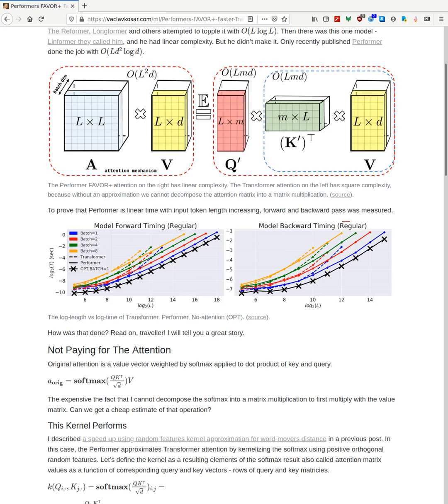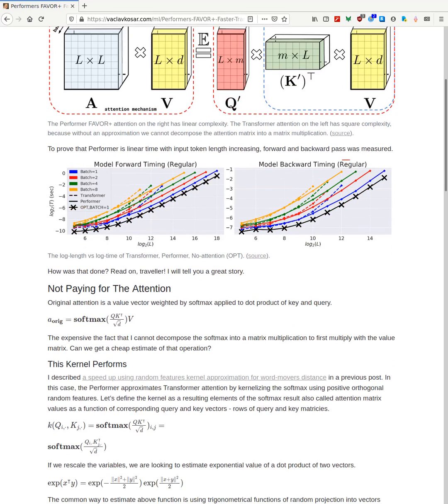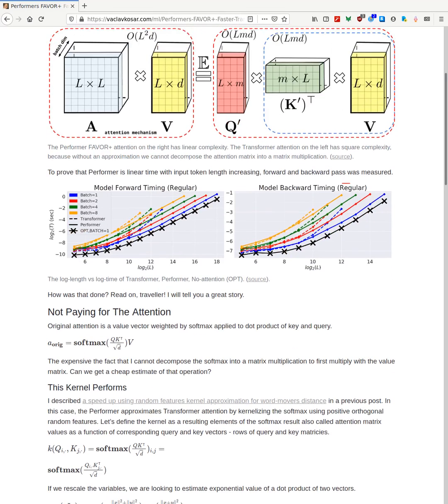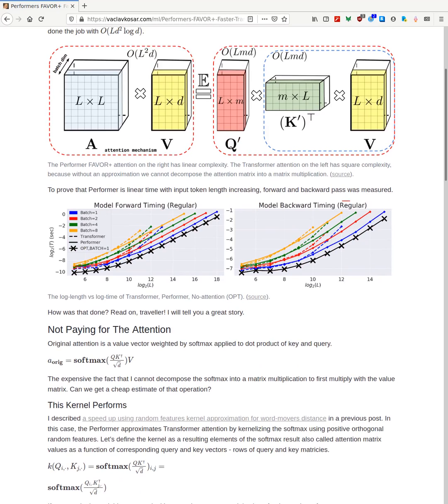So here in this picture on the right, we have Q and K. If they are multiplied, they approximate A. So if we could do this, we would get complexity of LMD, and then multiplied by V, we would get another LMD, so it would be linear in L, and this dimension M needs to be small enough. This approximation is called FAVOR+ attention, and has a linear complexity.